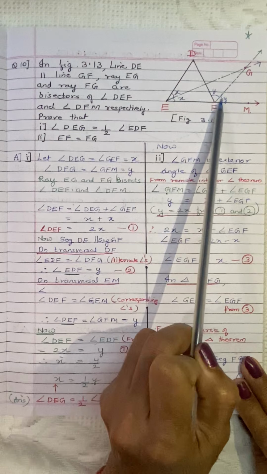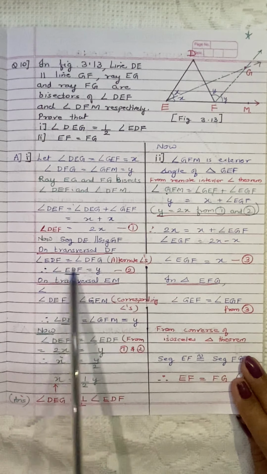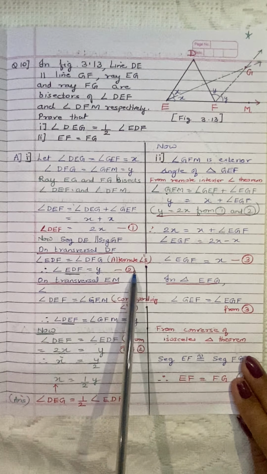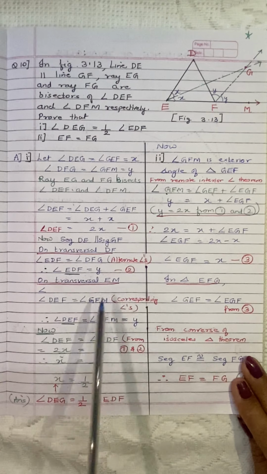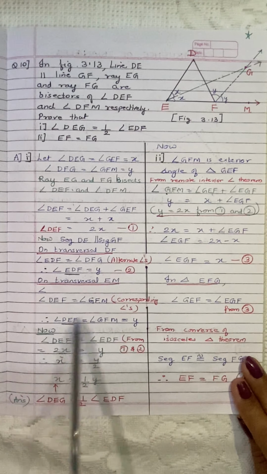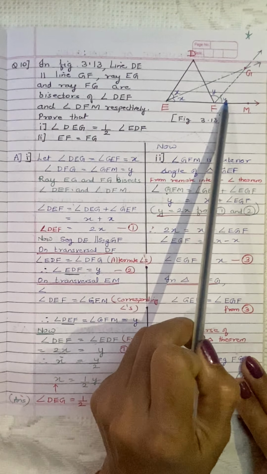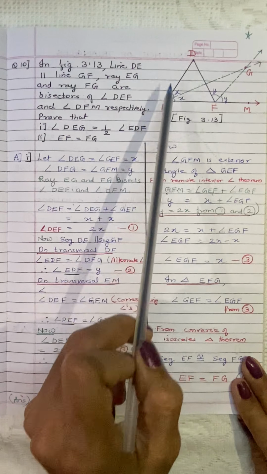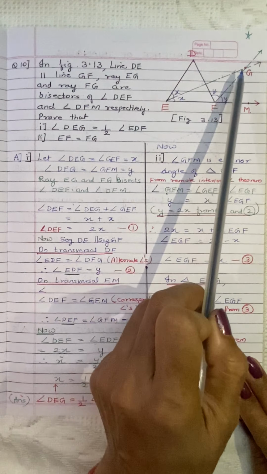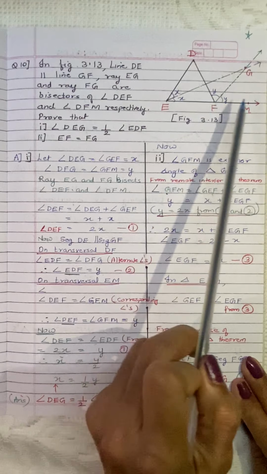This angle and this angle are equal to y. This is the second equation. So angle DEF is equal to angle GFM.